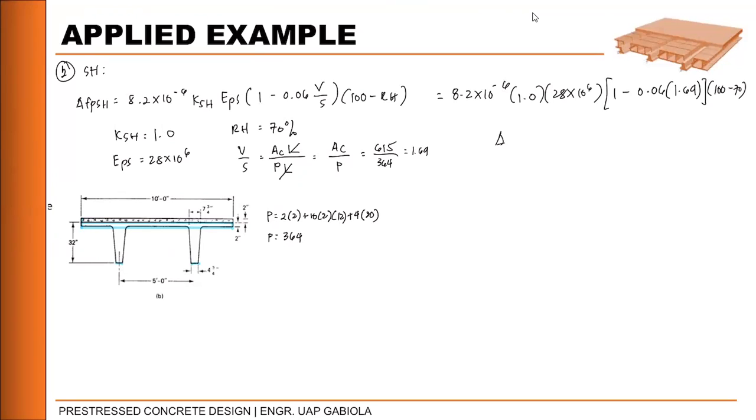So, yung ating loss due to shrinkage equals to 8.2 times 10 to the negative 6 times 1 times 28 times 10 to the 6 times 1 minus 0.06 times 1.69 times 100 minus 70. So we have a value of 6,189.56 PSI. Okay, so this will be our loss due to shrinkage.